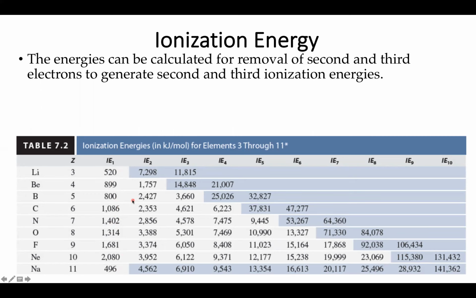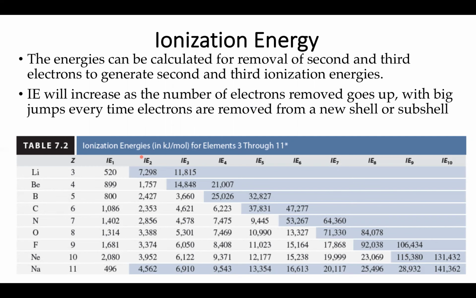But otherwise, we tend to see a general increase in ionization energies as we go across the periodic table. But this also holds as I start pulling off 2 or 3 electrons, called the second or third ionization energies. So every time I have to remove an electron from a new subshell or a new shell, we tend to see an increase. So for example, let's take lithium. It has a single valence electron. I can remove that fairly easily. However, the second electron has to come from that 1s shell, so it's much harder to remove.